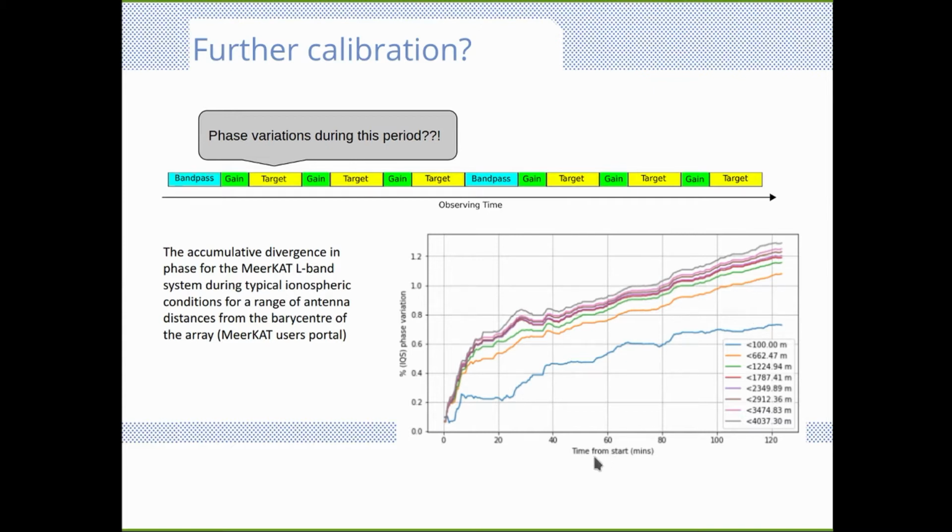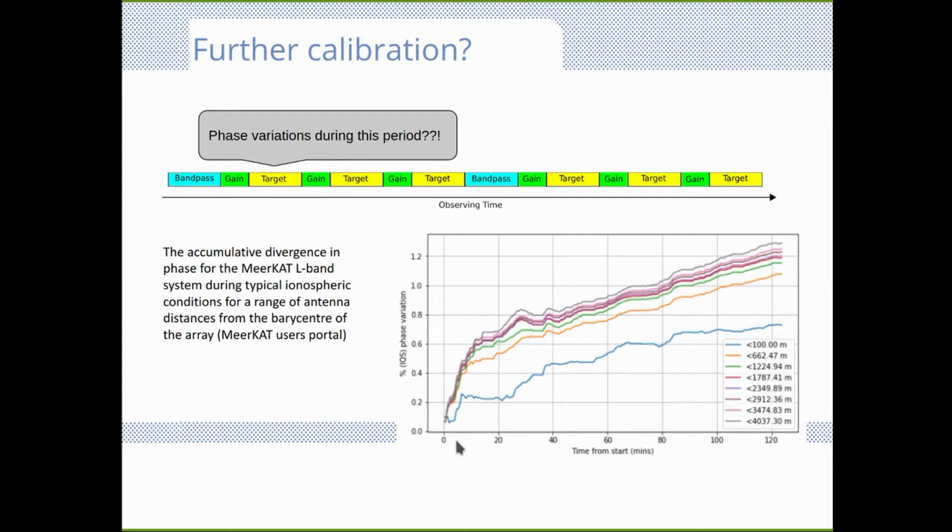So here on the x-axis is the time from start in minutes, so the arbitrary start time, let's say start time of 0. Then I plot the interquartile spread of the phase variation of the initial solution. So I solve for a solution here. So I phase up the system, in our slang terminology. So you'll see that there are delay cals and phase up operations when the telescope is built and prior to your target observation.